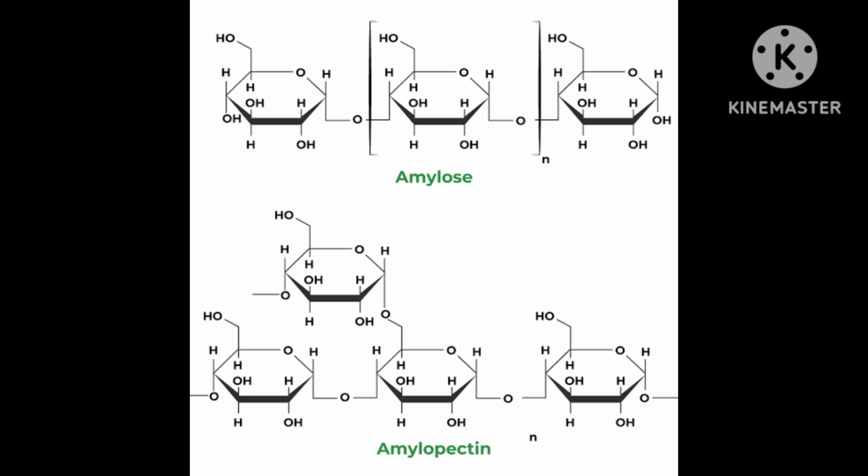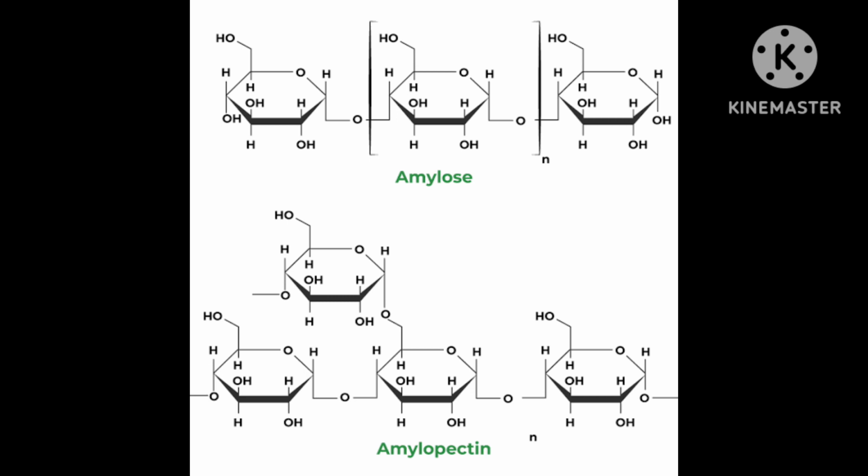Now I am telling you the structure of amylose. Now you know it is very simple to write the structure. Suppose you have taken 3 glucose units. Then unit 1 and unit 2 will join at carbon 1 and carbon 4 through oxygen, and again second and third will join the same way.